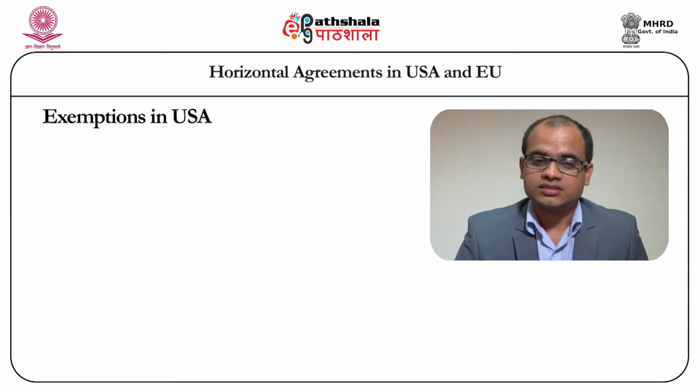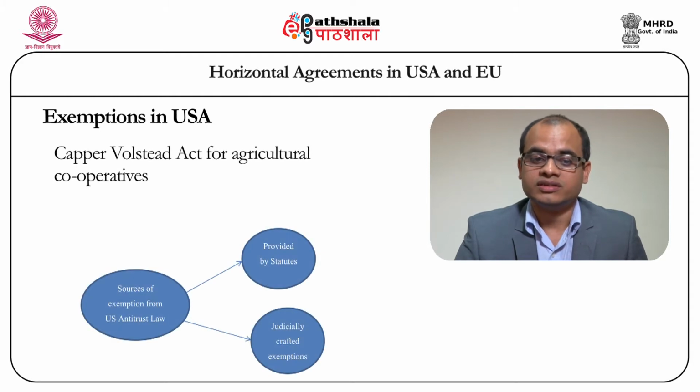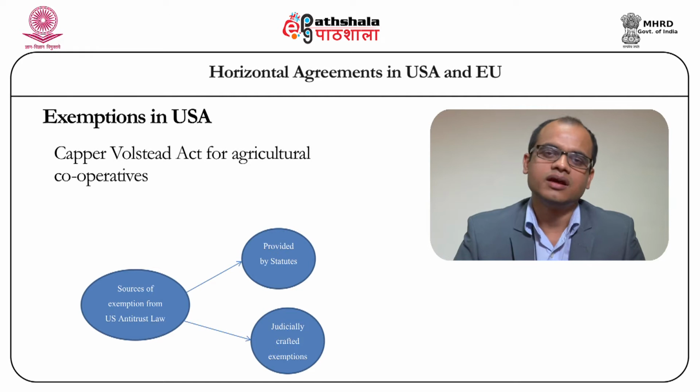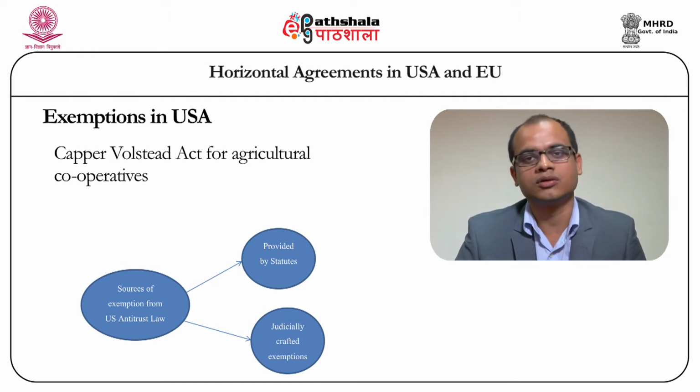In the Copperweld case, the US Supreme Court made it clear that a corporation cannot be held liable for conspiring with an unincorporated division. Parallel conduct alone doesn't establish a conspiracy. Something more than conscious parallelism needs to be shown, and these factors that go beyond parallelism are called plus factors.